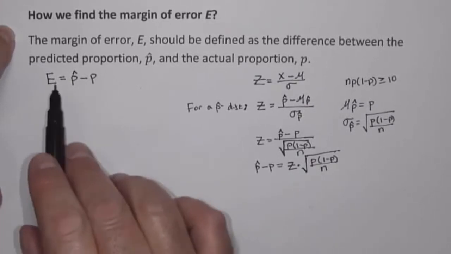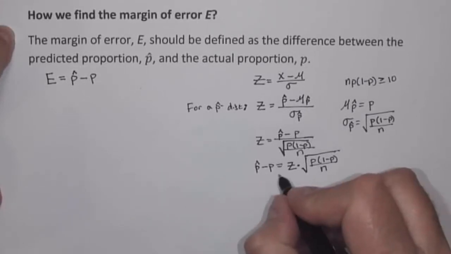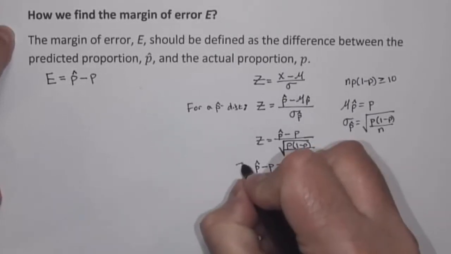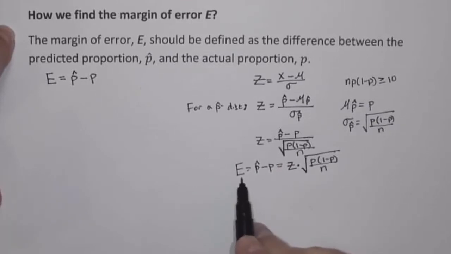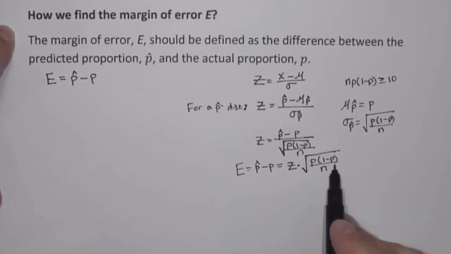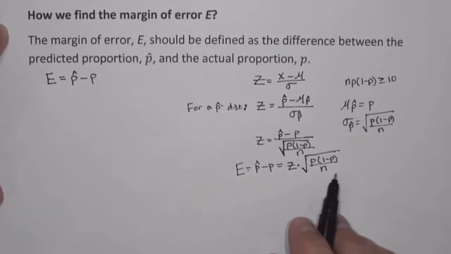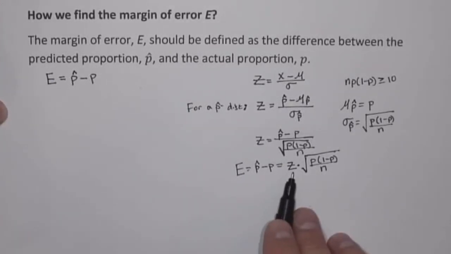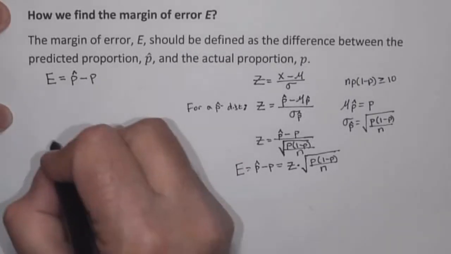And again, that's what we said the error should be. So this would be a good formula for error. The error is going to equal some z-score times the square root of p times 1 minus p over n. Well, what z-score? That z-score is going to depend on the level of confidence that we're using.